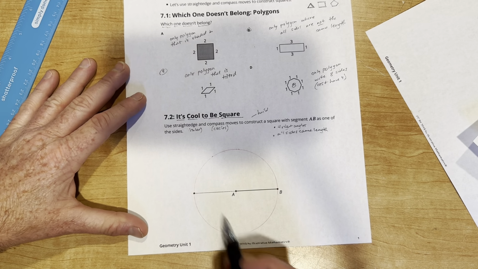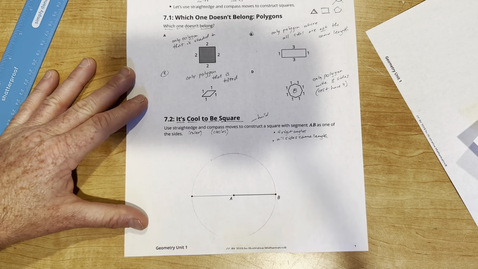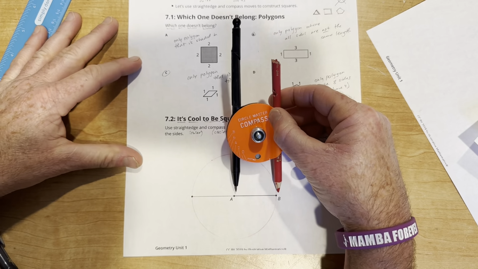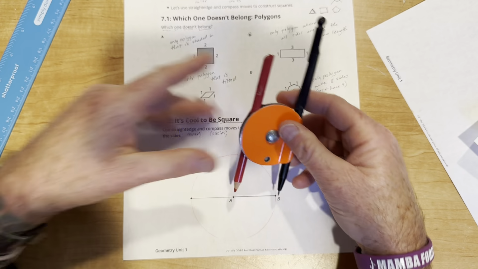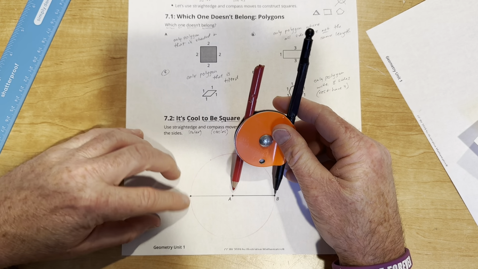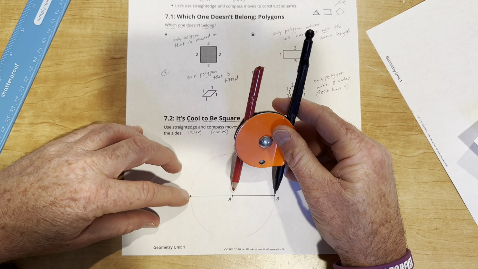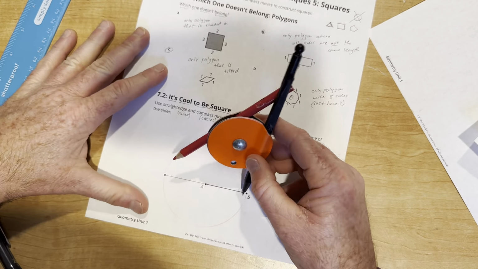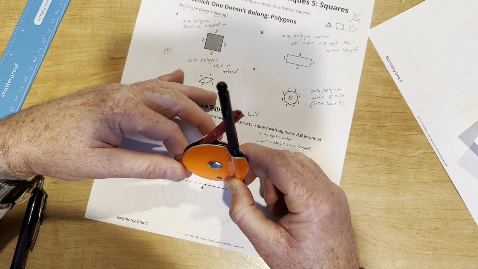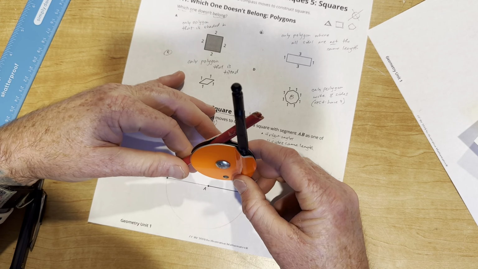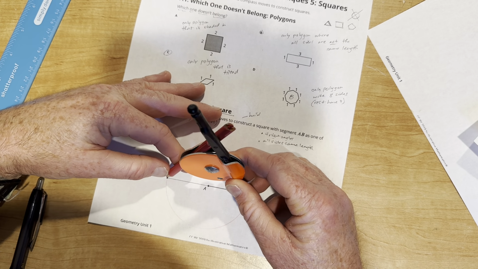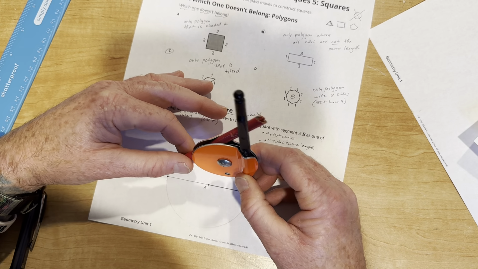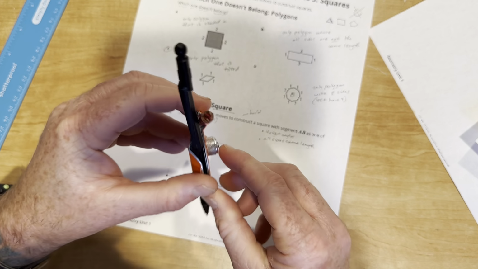Now the next thing we got to do is build a circle with center B, but the radius has to be the whole diameter, and I'll show you why. So we'll see if we can do that without having to change too much on this thing. That's pretty good. Okay. Tighten this, and then we're good.